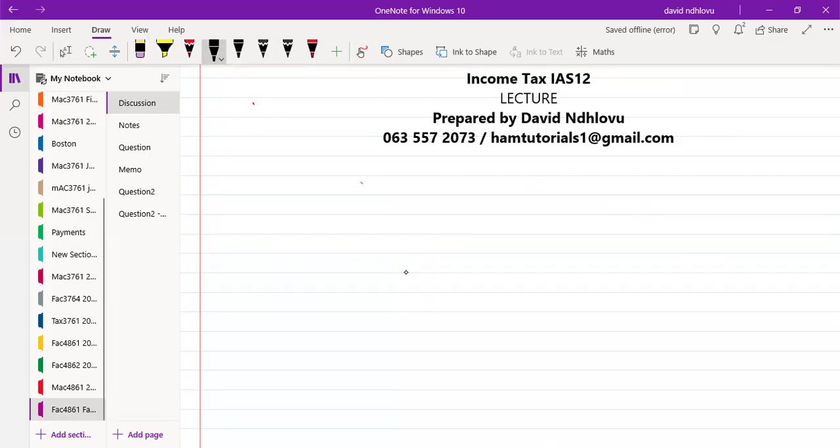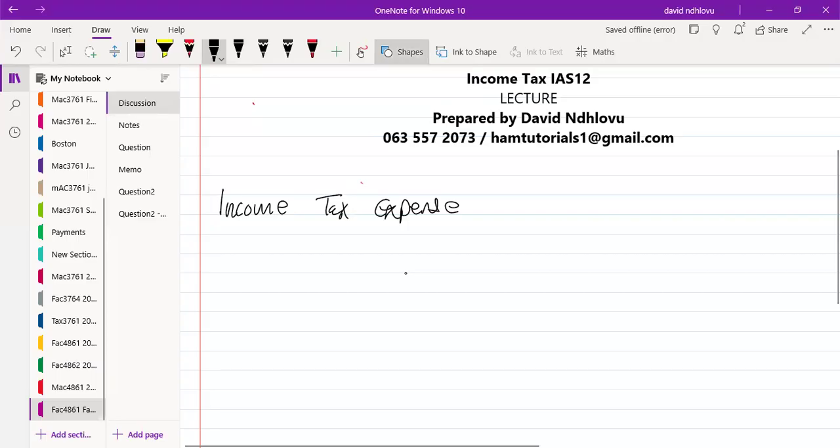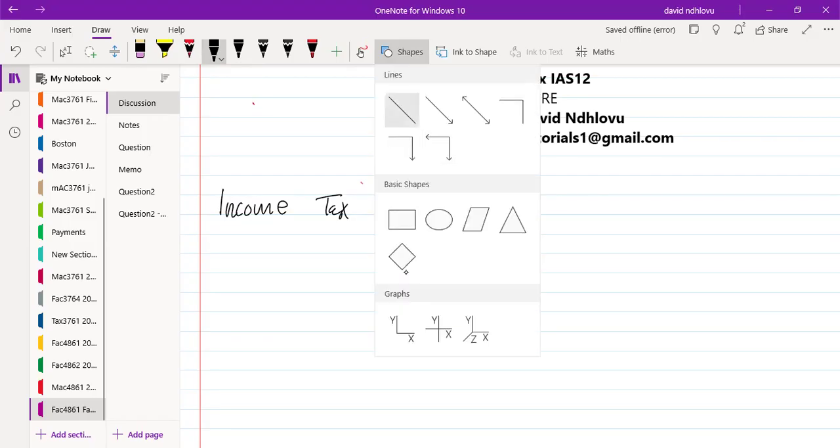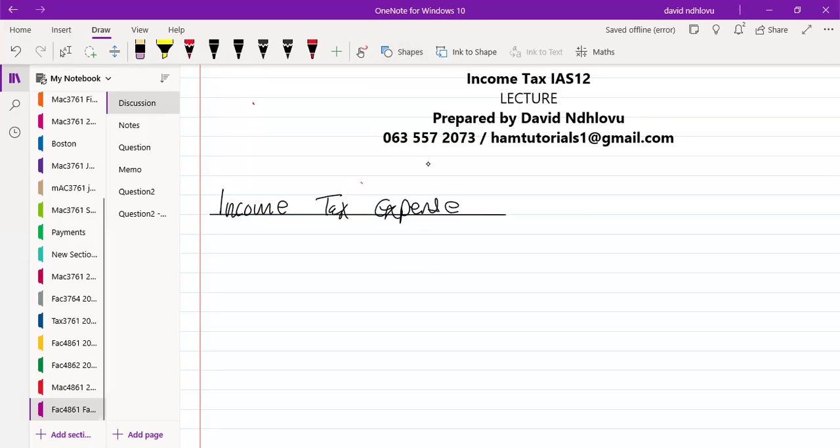Right, remember we had discussed the issue of income tax here, what we call the income tax expense. Right, so in our discussion, we did highlight that the income tax expense is accounted for in the P&L account under the profit before tax.